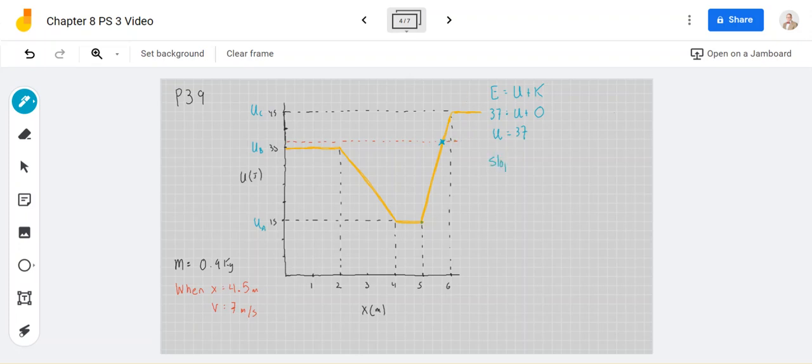First thing we need to know is the slope of this section. If I look at my 2 points here, this is 45 minus 15, and that all happens between 5 and 6. So this is 30 divided by 1, so the slope is 30.